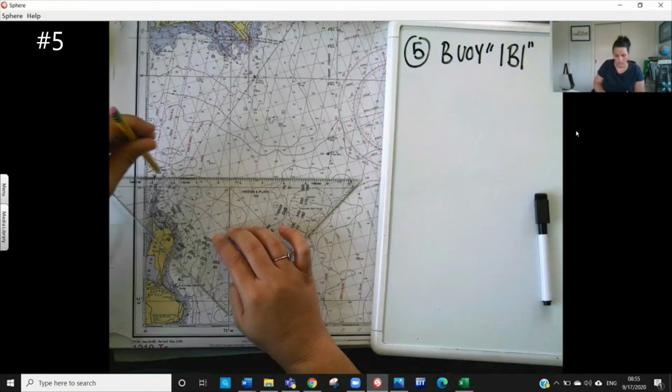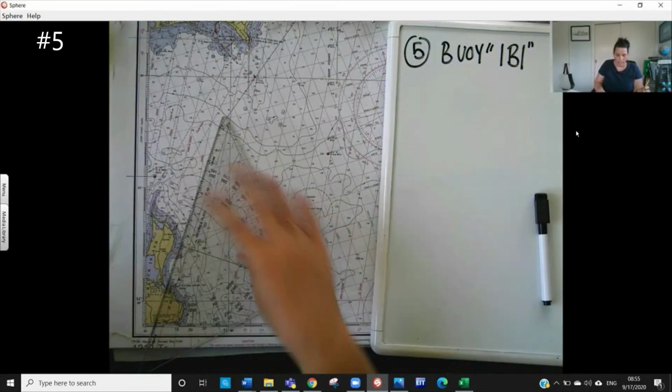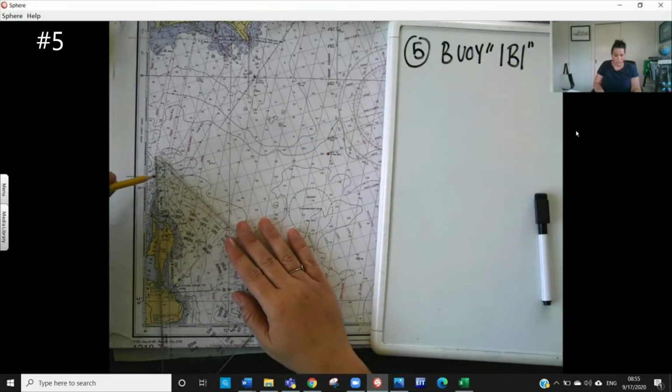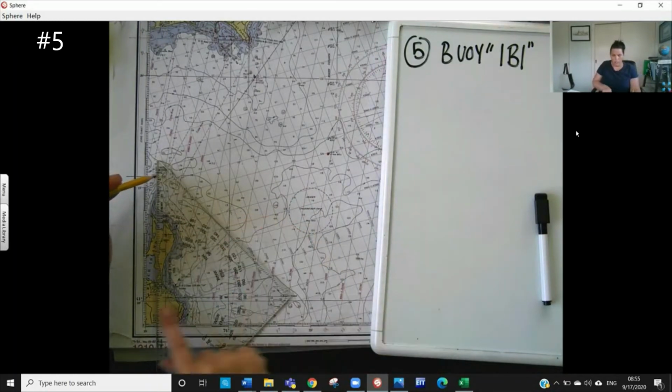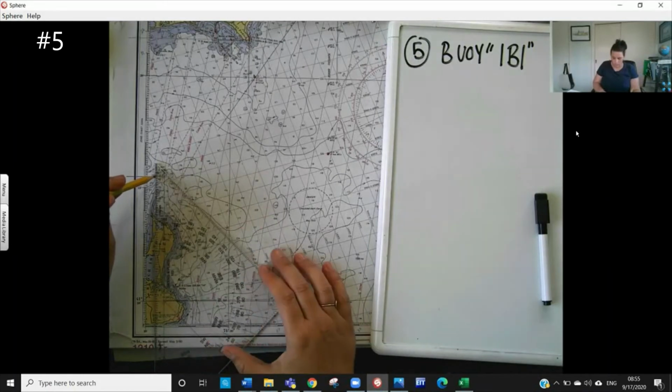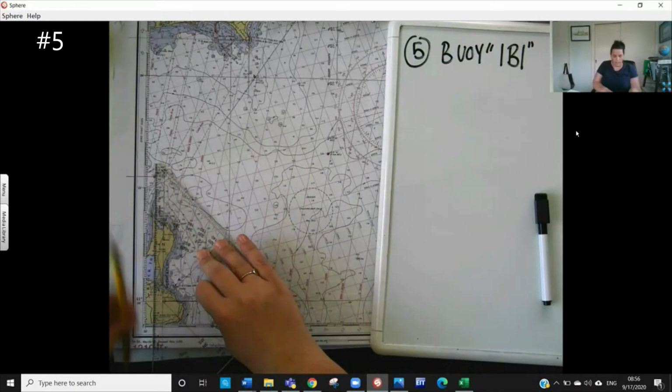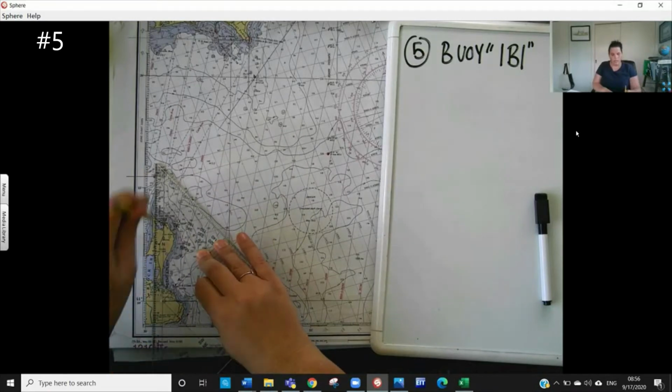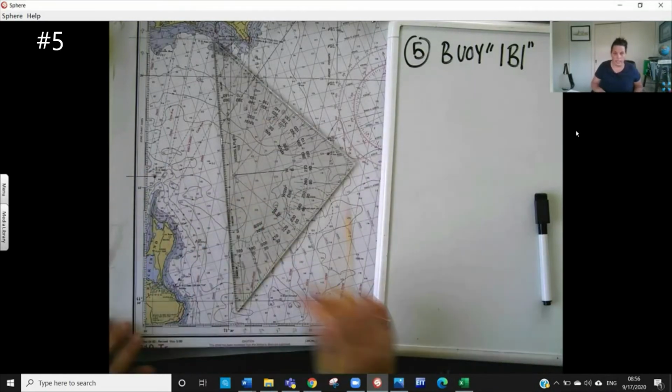So I can draw my line in. Same for my longitude. I'm going to put this perpendicular line right on the latitude line there. So I know that this is a parallel meridian. Just going to draw it all the way. That way we can see it here.